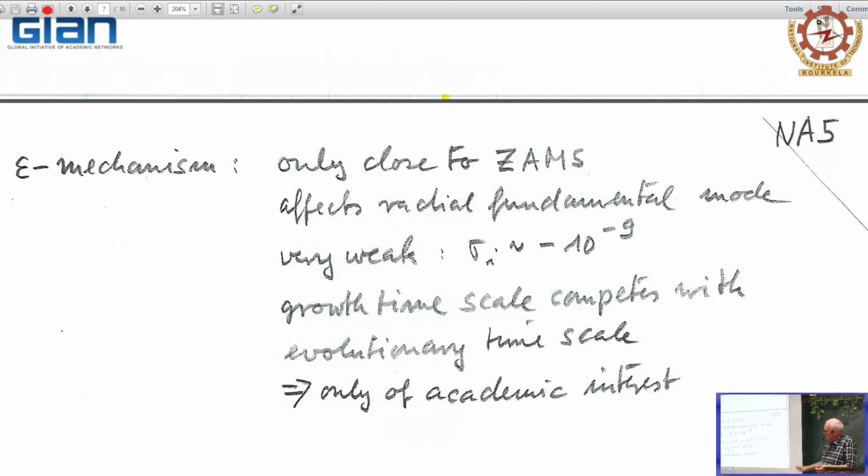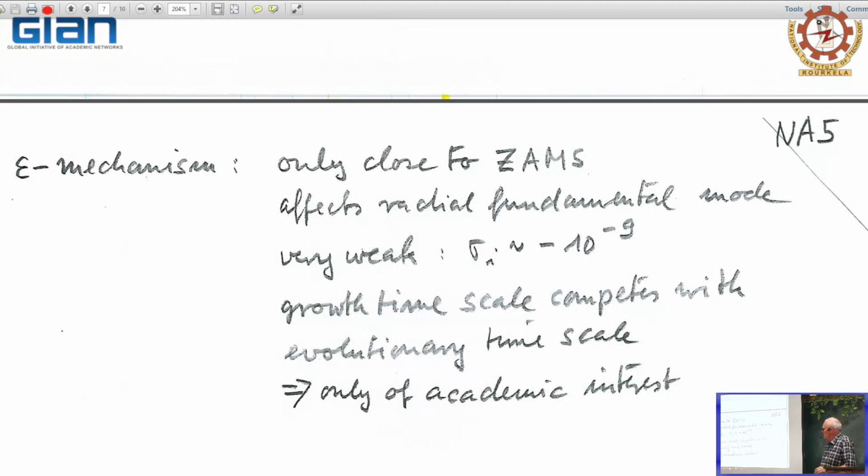And it was thought that this instability is responsible for setting an upper limit to the mass. This is, of course, no longer true, because the star has evolved already out of the instability domain before the instability is able to grow by a factor of e.